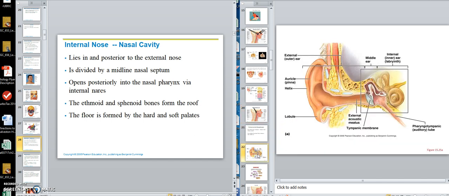Now kids, to say why they have middle ear infections, the tube is narrow and more horizontal. As the head grows, the tube gets bigger and more vertical, so it drains easier. That's why kids have more middle ear infections than adults do.